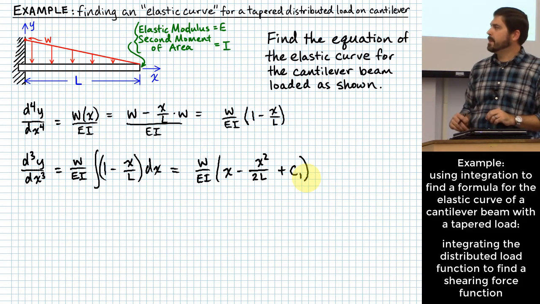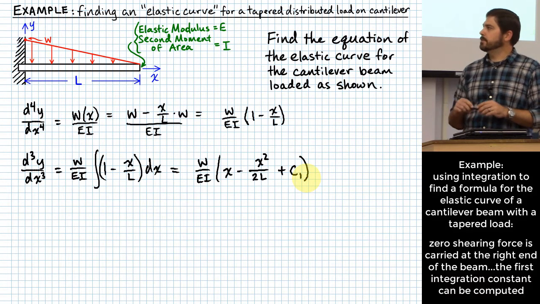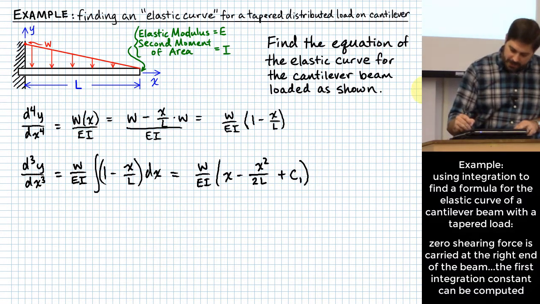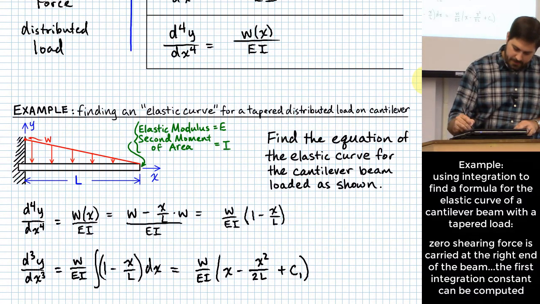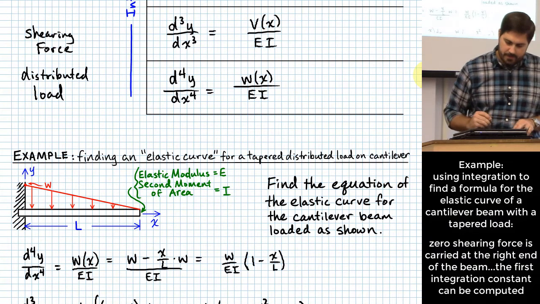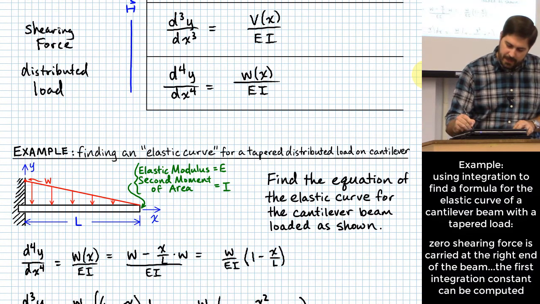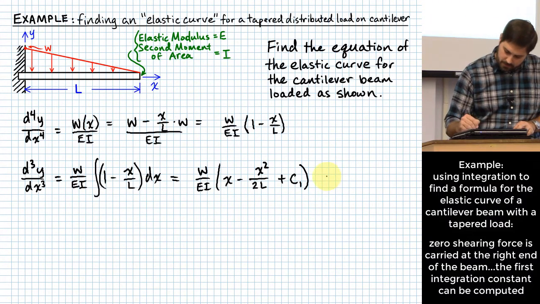All right? So now, at this point, is there anything I can do to figure out what C should be? What is this third derivative? Shearing force. So we're saying all of this is equal to V of x over EI. So can we just plug in some x value?